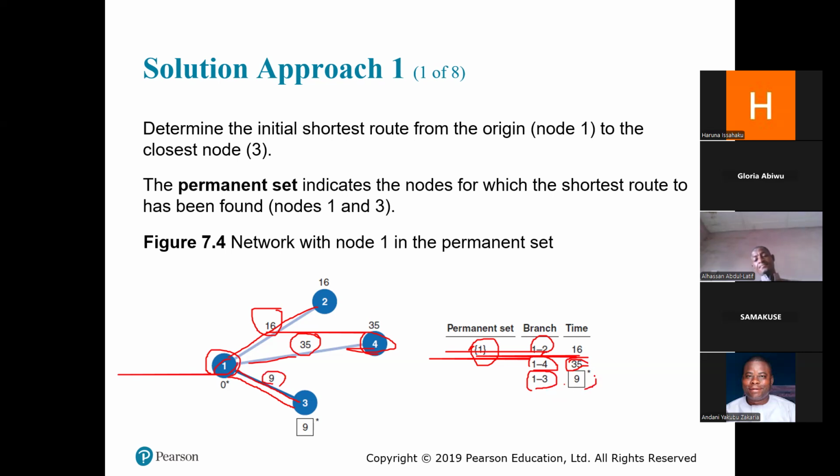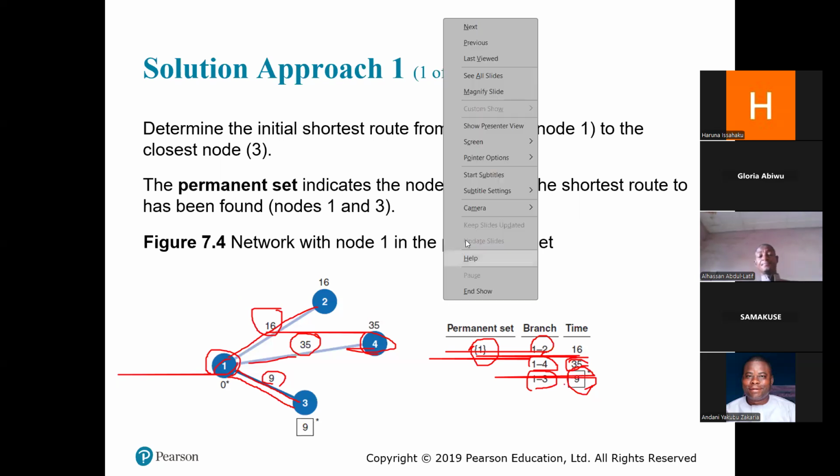So you will see that among the branches that are connected to 1, to the origin, that's node 1, the one with the least time, remember we are dealing with shortest route, with the least time is branch 1 3, with a time of 9. So in that case, that branch is selected.